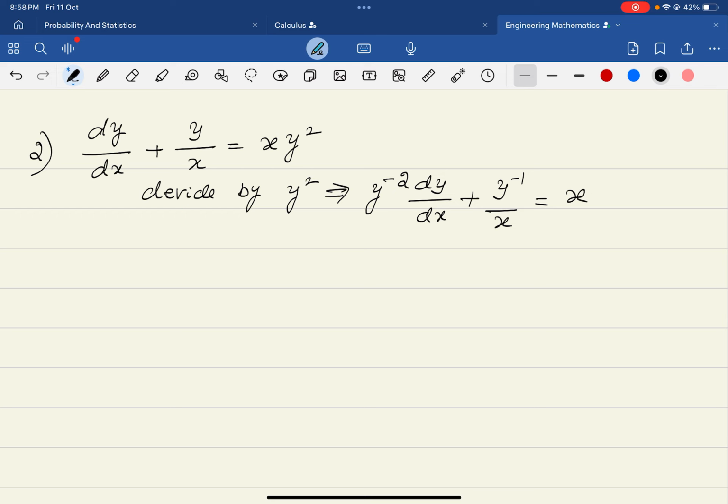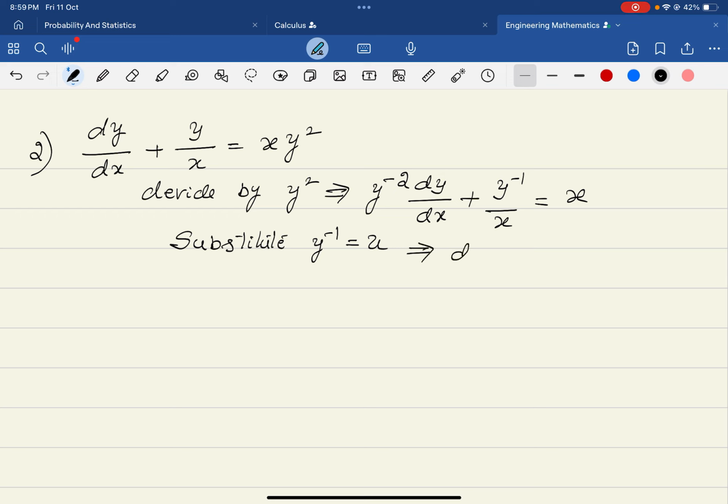Okay. So now what we do? We got this equation. We have to substitute, what always? The y power term which is without dy by dx. So substitute y power minus 1 is equal to u. So what does it imply? What is the derivative?